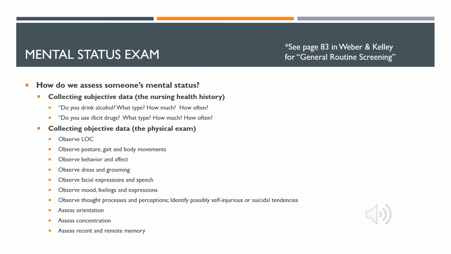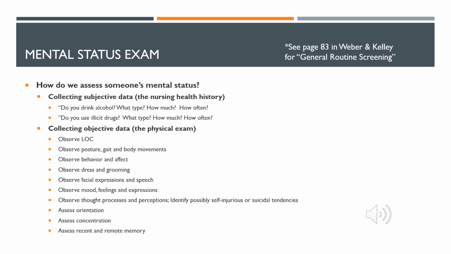And then exploring further into those answers as they answer appropriately. And you're also going to be collecting objective data. So what's their level of consciousness? What does their posture, gait, and body movement look like? How about their behavior and affect, their dress and grooming, their facial expressions and speech? All of this should be very familiar to what we just talked about in the general survey.